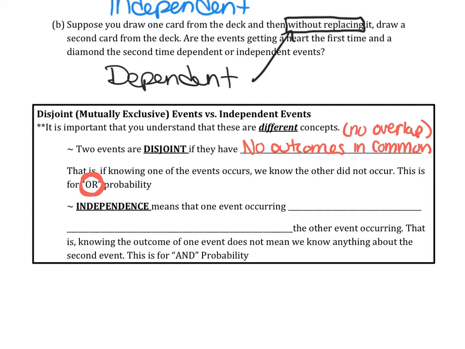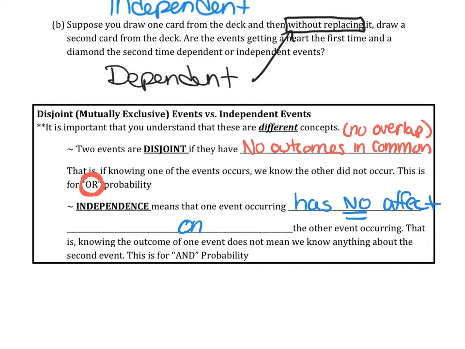Independence or independent events just means that one event occurring has no effect on the second event. Has no effect on the other event occurring.